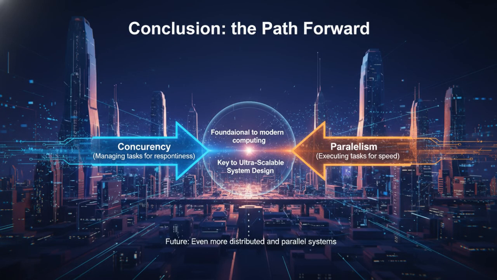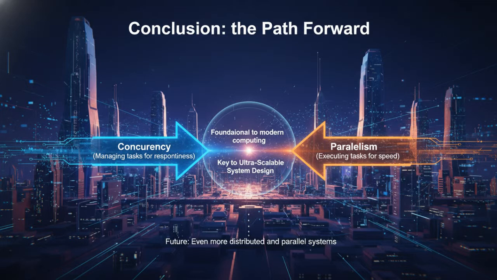In conclusion, we've explored the critical distinction between concurrency and parallelism. Concurrency is about efficiently managing tasks for responsiveness, allowing systems to handle multiple operations gracefully, often through interleaved execution. Parallelism, on the other hand, is about executing tasks for speed, leveraging multiple resources for true simultaneous execution to achieve higher throughput and faster completion times.